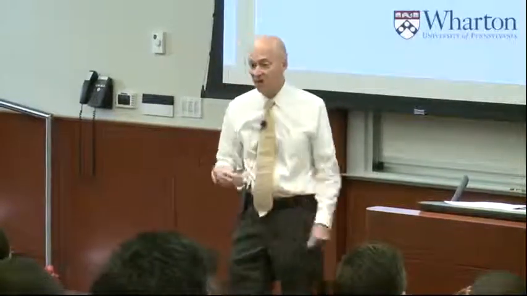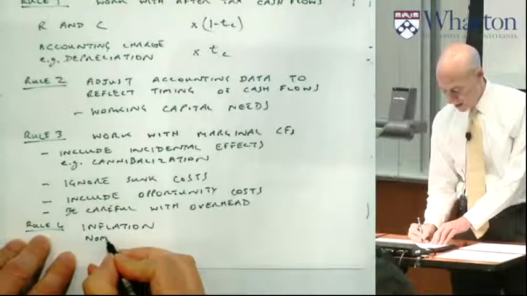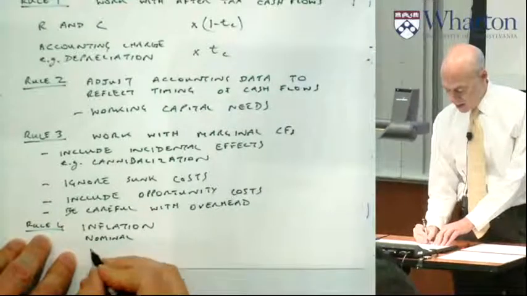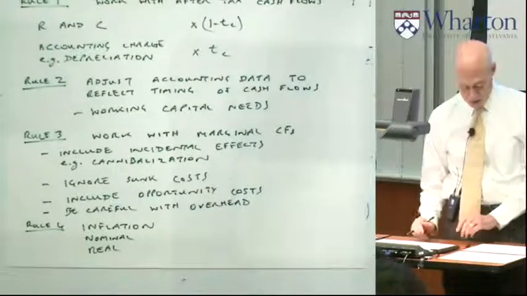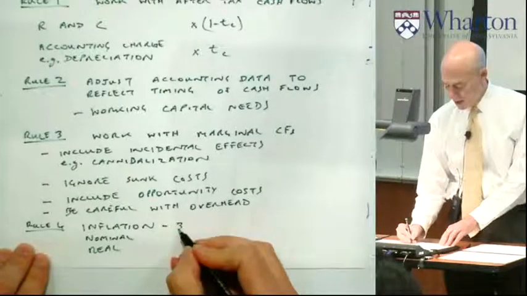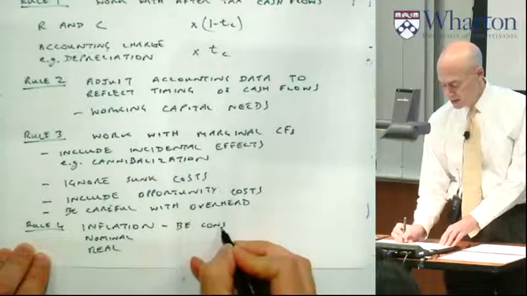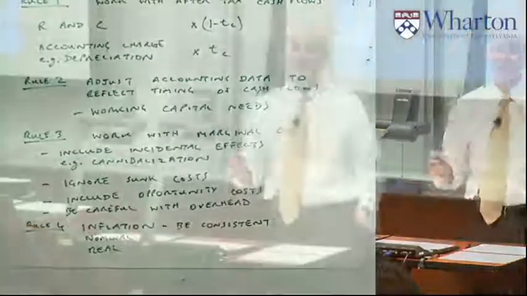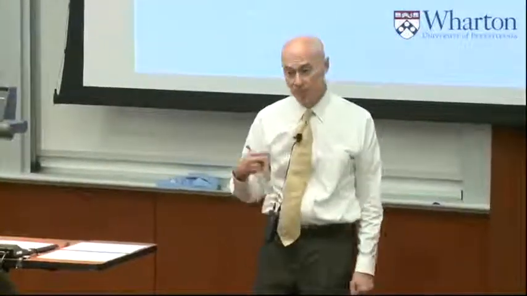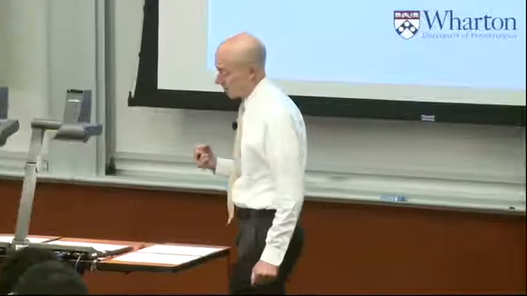So you're taking out the effects of inflation by dividing by 1 plus the inflation rate. You can work in either nominal or real terms, but you mustn't mix them. In other words, you must be consistent and discount nominal cash flows at nominal discount rates, or work in real terms and discount real cash flows at real discount rates.